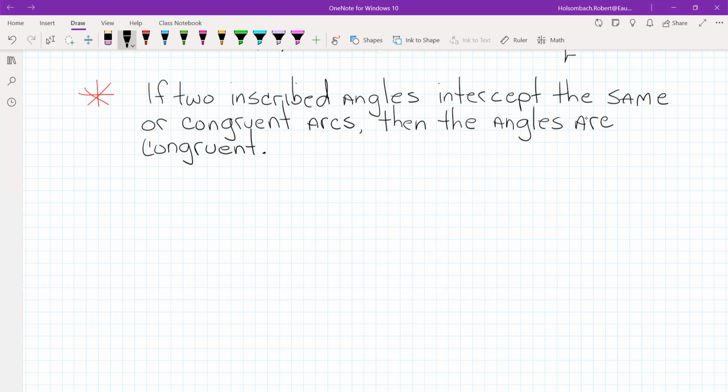If two inscribed angles intercept the same or congruent arcs, then the angles are congruent.